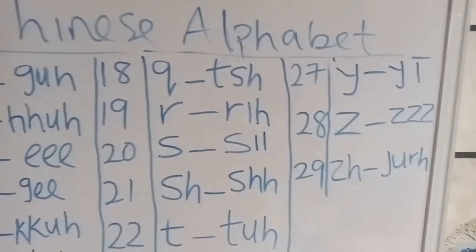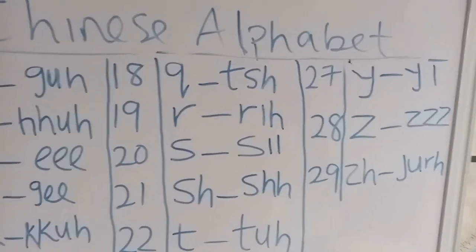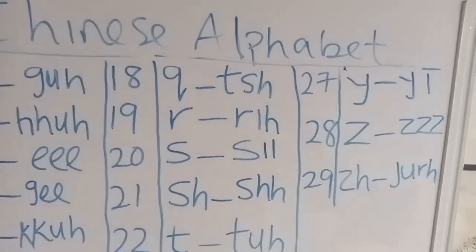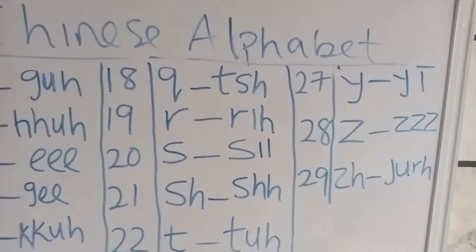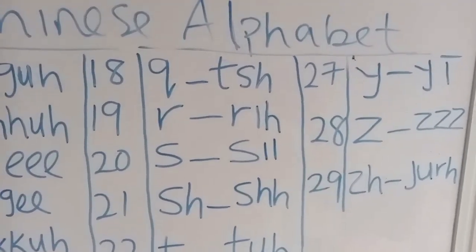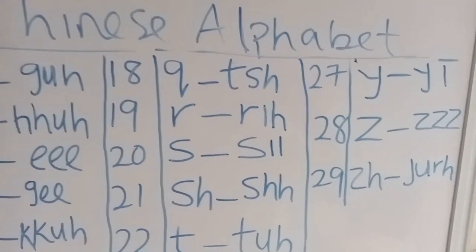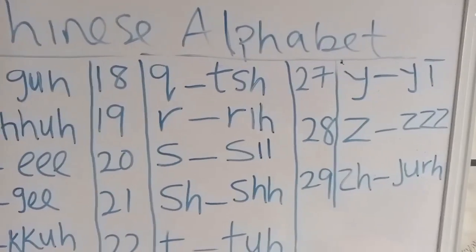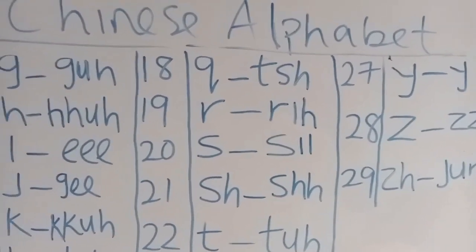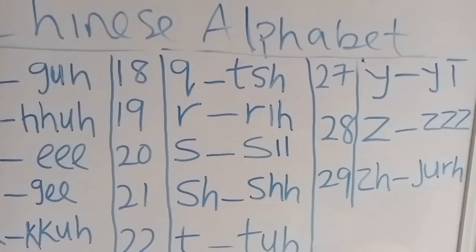And also, there was a time I asked you to say Dui Bu Qi. Many of you were calling the Q like it's Q in English. Okay, the Chinese say Q like they are saying TSH, like Chi, then R.